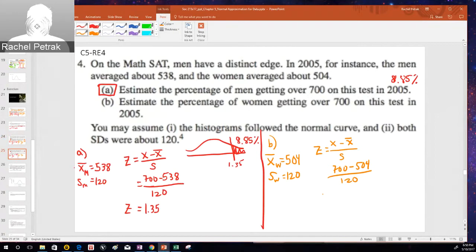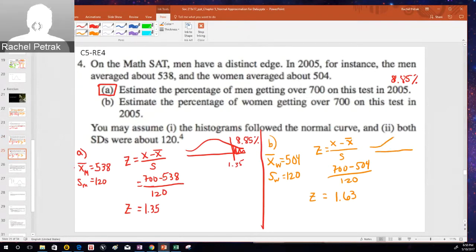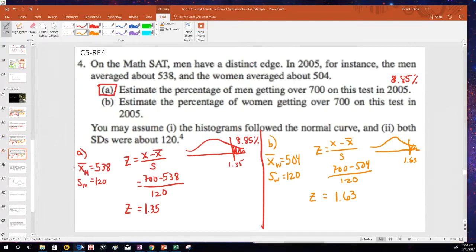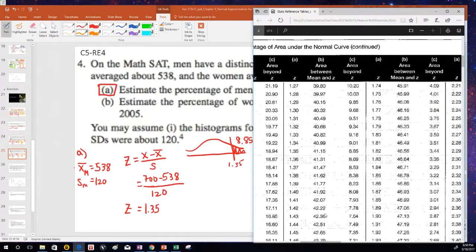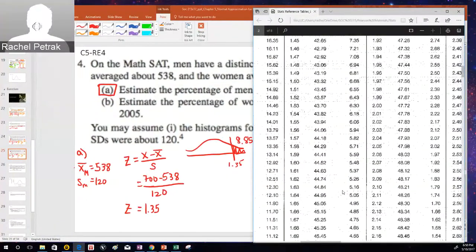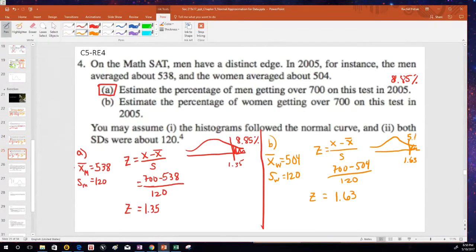We end up with a Z of 1.63. So again, here's 1.63, and we need the proportion over here. And the proportion to the right there is 5.16%.